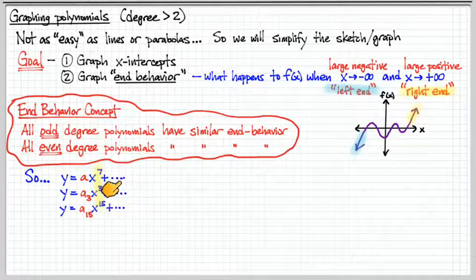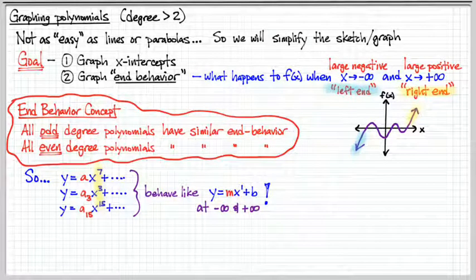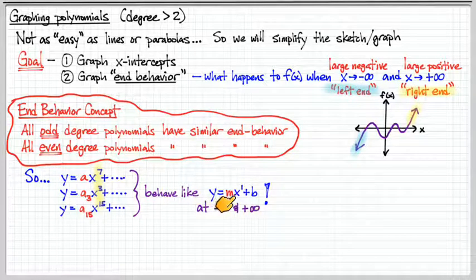It doesn't really matter. We can just ignore all the lower exponential terms. We're just concerning ourselves with the highest degree term. These are odd polynomial functions. They behave like the very simplest of odd polynomial functions, which is our line.